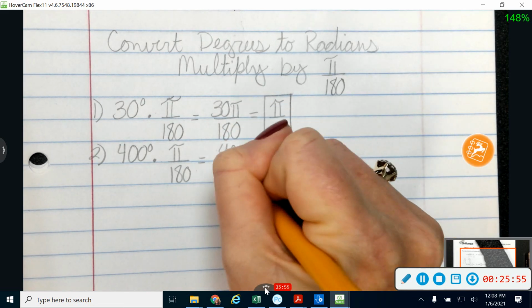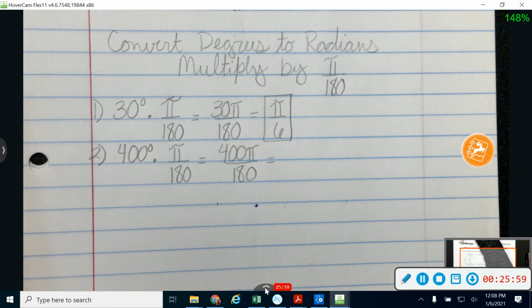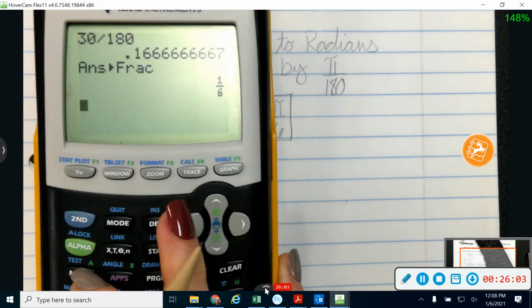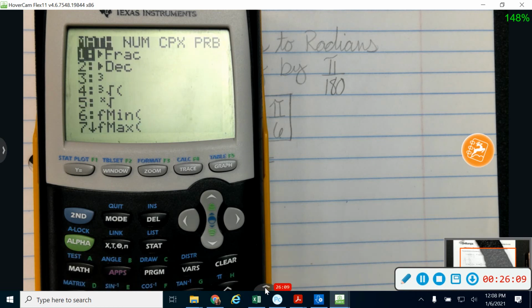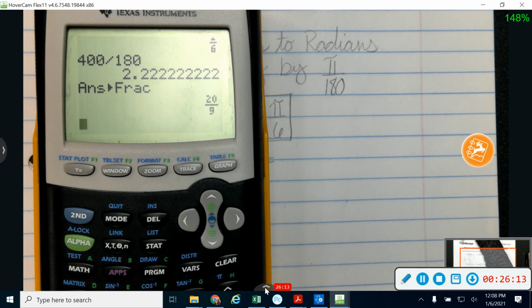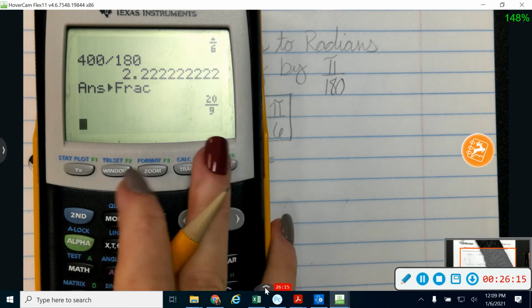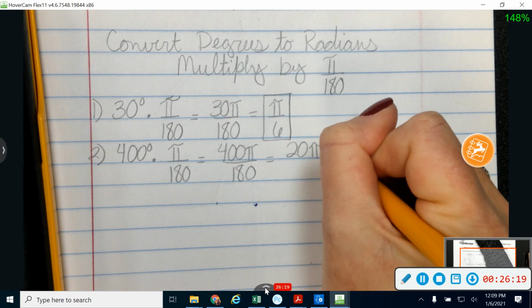Bottom times bottom. Again, if you want to reduce by hand, you can. If you want the calculator to help you out, I'm going to do 400 divided by 180, and do math, number 1, math frac. I'll reduce that down to 20 over 9, which will give you 20 pi over 9.